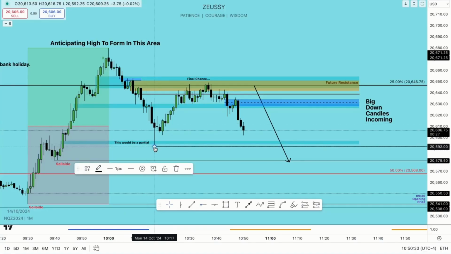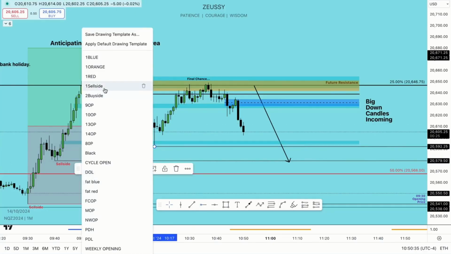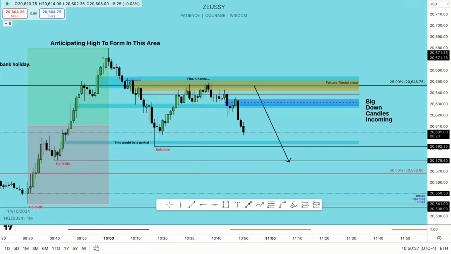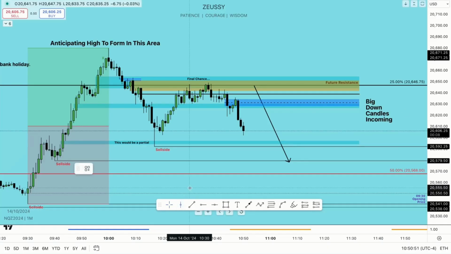Sell-side liquidity is resting below this low, because this is now the previous 30-minute cycle low. Just going to put vertical lines at the 30-minute cycle opens.